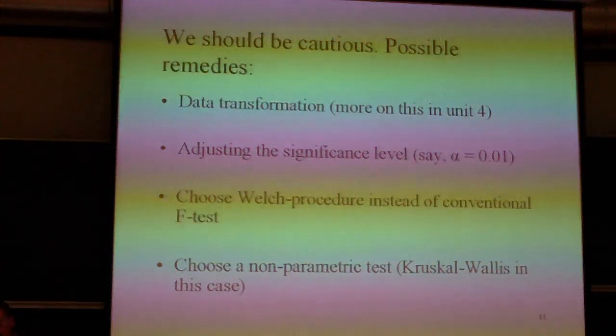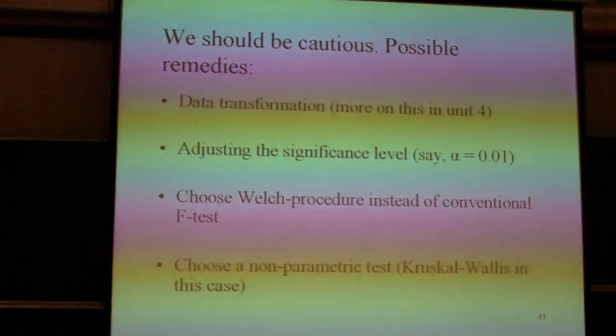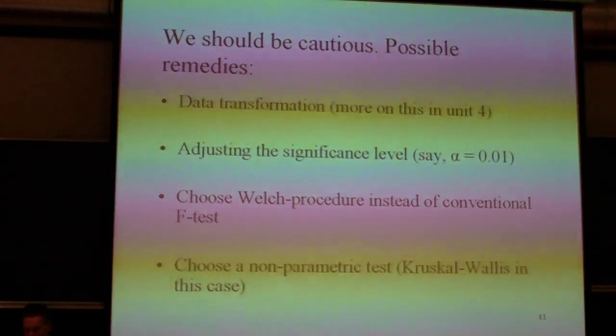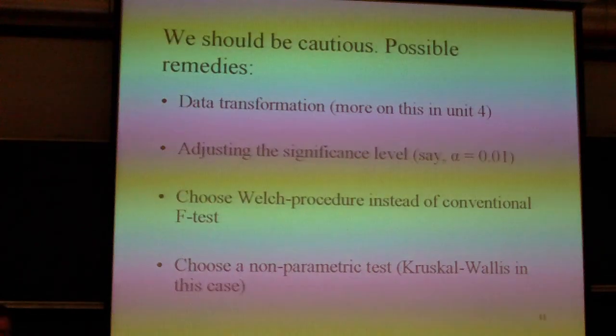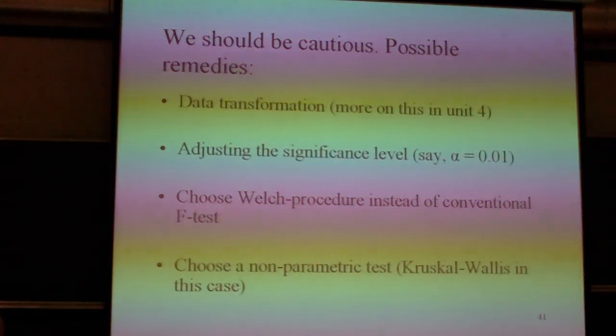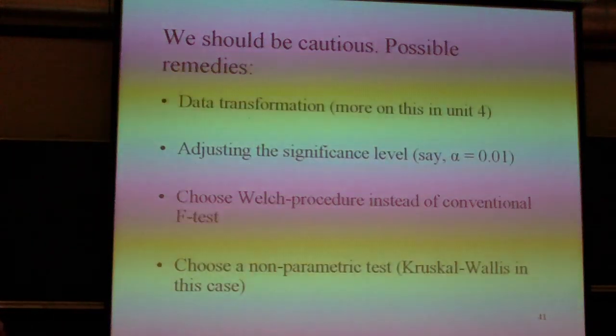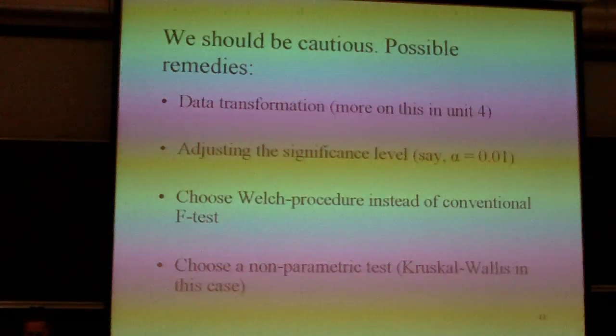So if you don't assume equal population variances, you can still make use of the independent samples t-test, but then you get a different sort of output. Now, this same alternative is also offered in the form of this so-called Welch-procedure.